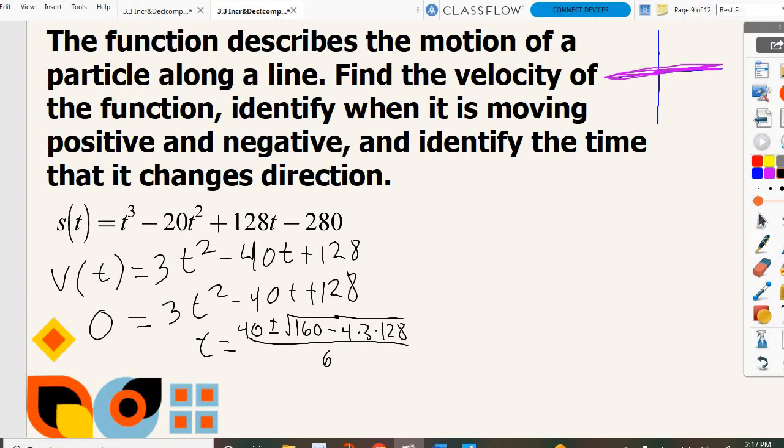Oh, I forgot the zero. 1,600. Okay. Oh, all of it? I thought you just wanted the last 3. Oh, that's just 8.